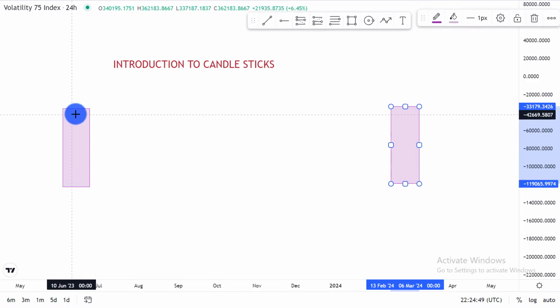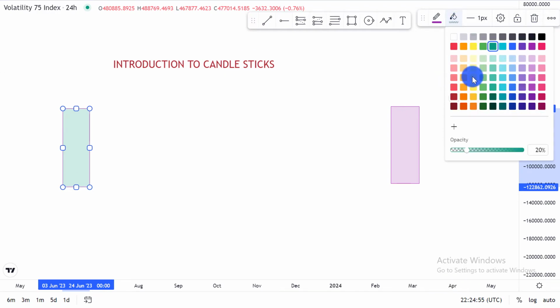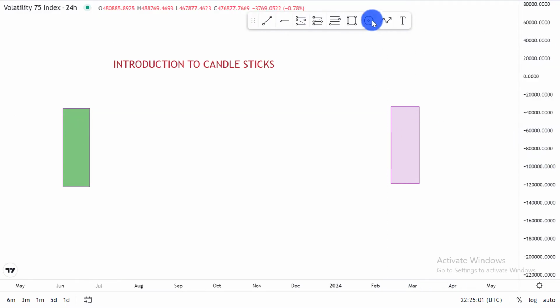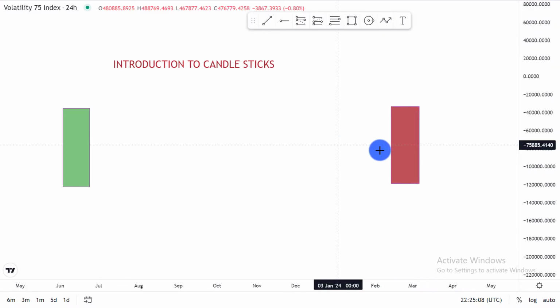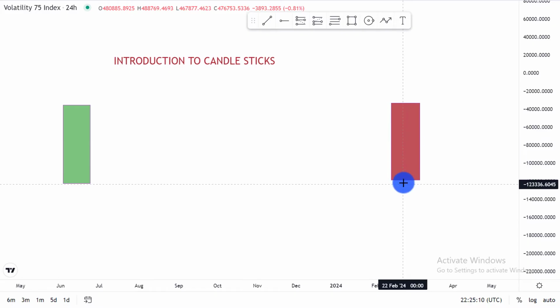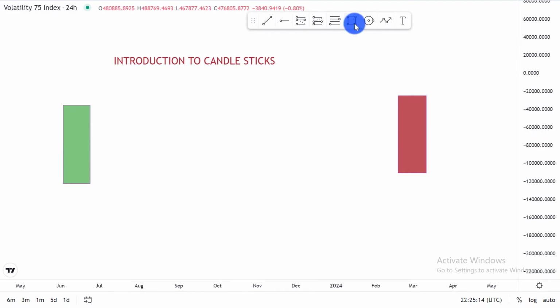We're going to keep our bullish candle green, and we're going to keep our bearish candle red. So this is our bearish candle, while this is our bullish candle. Let's label this bullish.